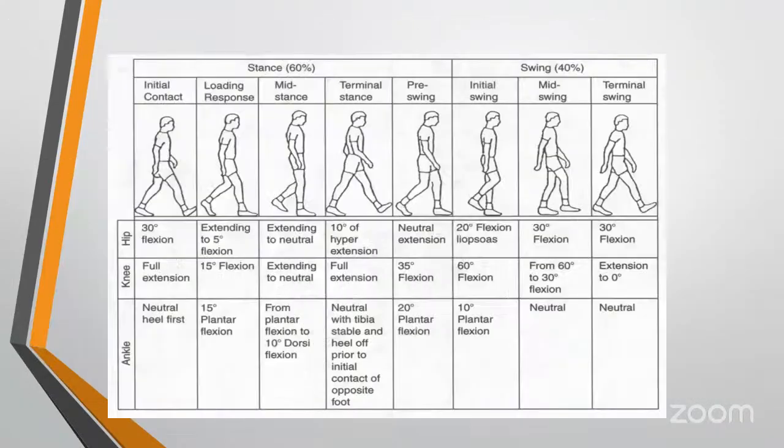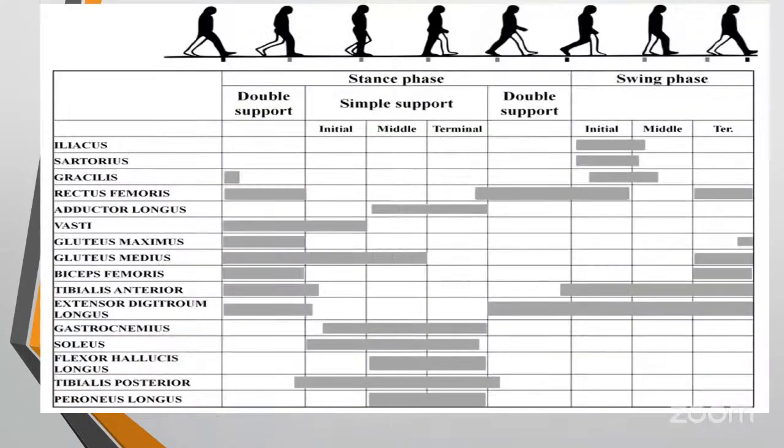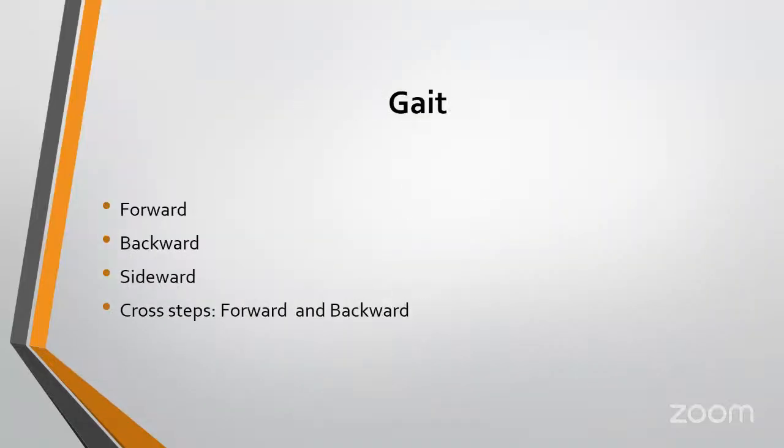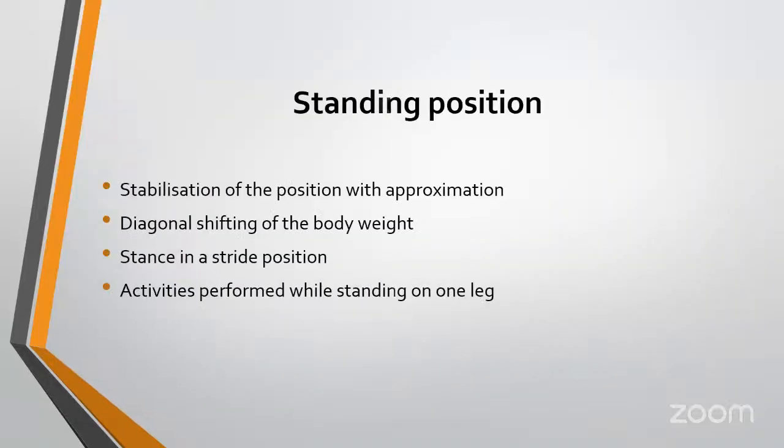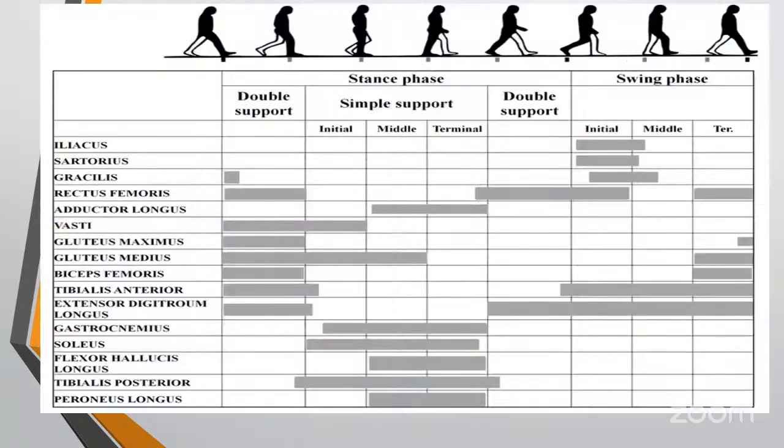Okay, so I think the document will make more sense now. So how do we facilitate gait?